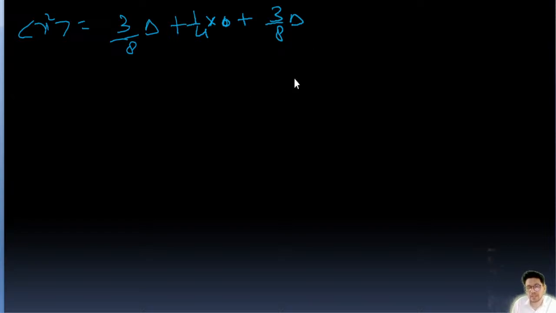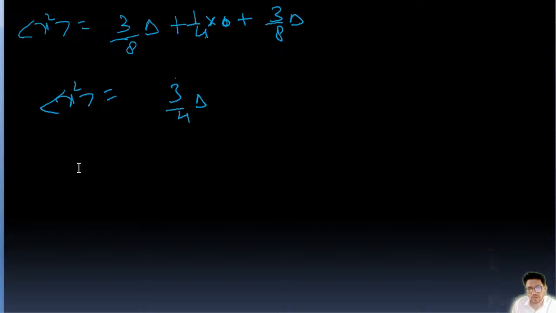Delta is the distance, that is x, and we are finding x square for n equal to 1. So the zero term vanishes and this is going to be 3 by 4 delta square if we add it.